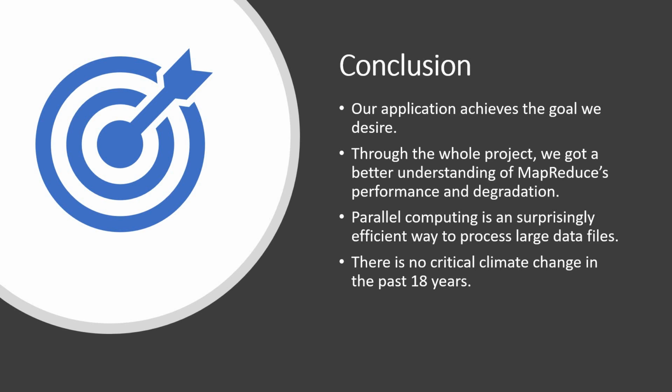And the final thing is, from the climate change data, we see that there's no critical climate change in the past 18 years. But if we look at the data for around 100 years, from before the 1800s to the 1900s and the 2000s, we may see a critical change over time.